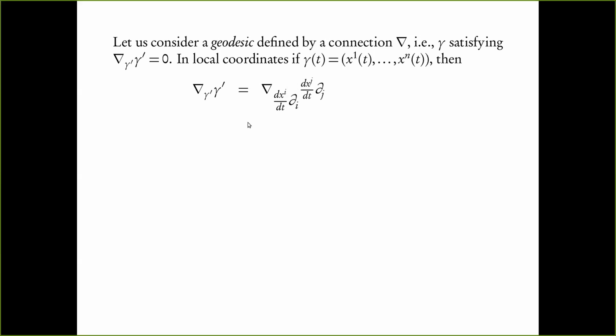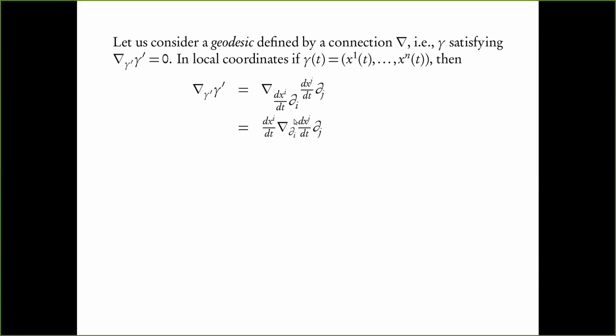Okay. So now what do you do? Well, you know that this is C infinity M linear in the subscript slot. So these dxi dt's can come out, and this satisfies the Leibniz rule in the top slot. So there will be two things that come out, right? So let's do the first one. These dxi dt's come out because it's C infinity M linear in the subscript.